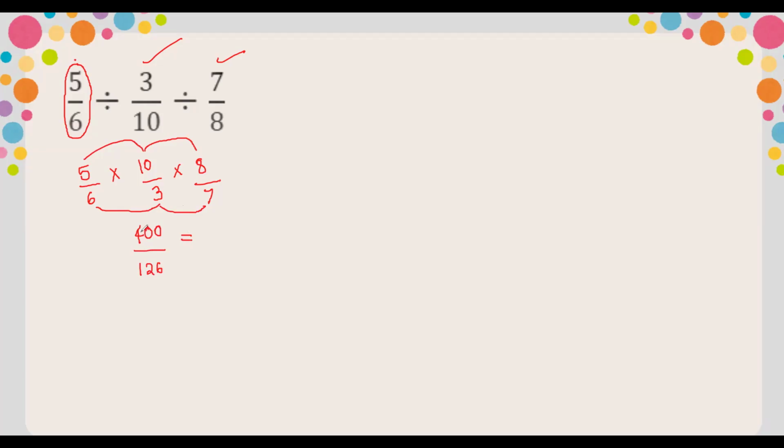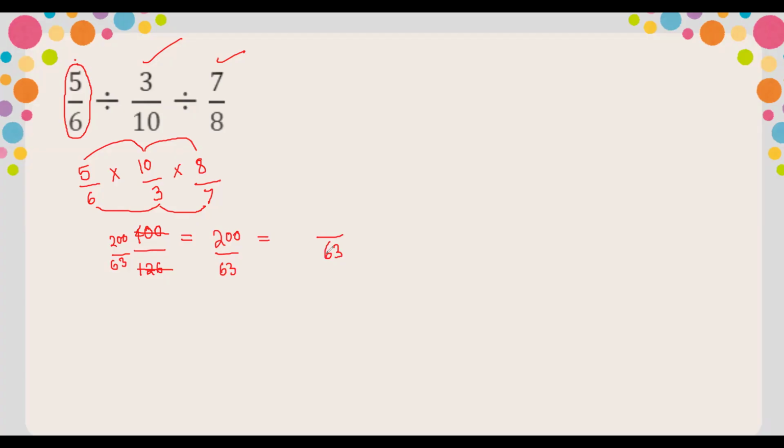Let's simplify this fraction first, and then let's go with the mixed fraction. So, let's simplify it using the table of 2, which is 200 by 63. Now, let's solve it into a mixed fraction. 63 will remain as it is.